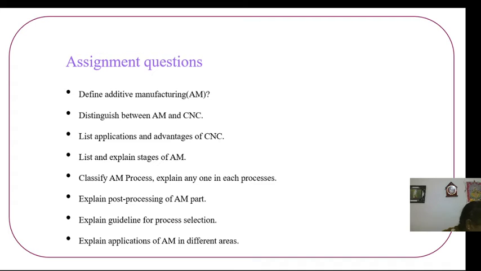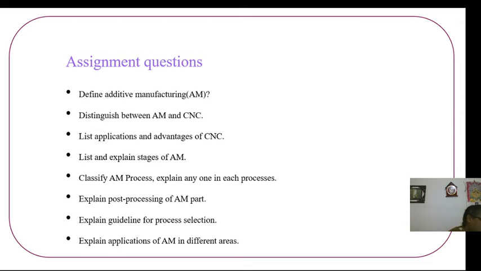Stages of additive manufacturing: there will be 3 stages, as I told in the first session itself, liquid state, solid state and powder state. Various stages. Then classify AM processes and explain any one in each process. You will have to give the classification of additive manufacturing processes and explain each one.